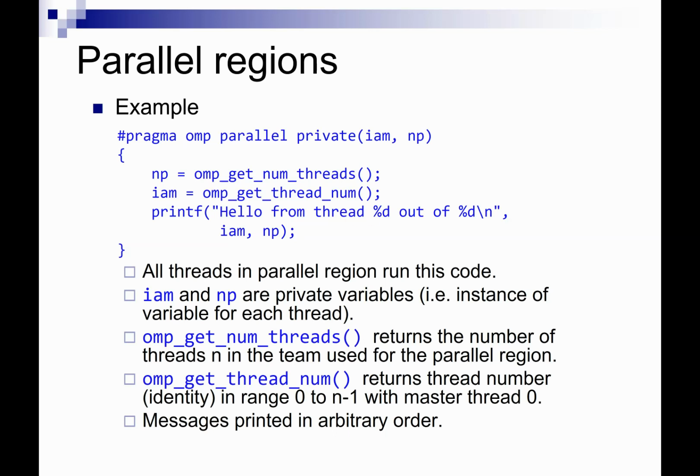However, the messages can come out in some arbitrary order, because the threads are executing at different speeds and are not synchronized with each other. You could get hello from thread 3 first, then thread 0, then 1, and then 2. The order is arbitrary.